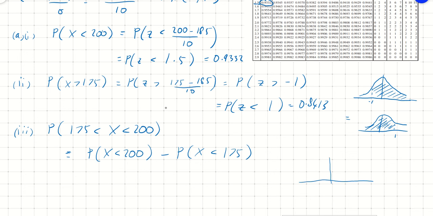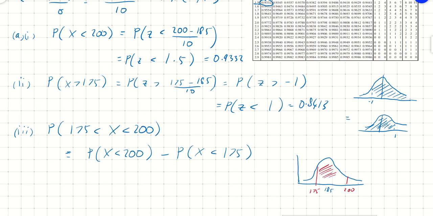Let's have a look. Here's my graph for x. It's a normal with mean 185. And I want the probability that x is between 175 and 200. So 175 is here and 200 is here.